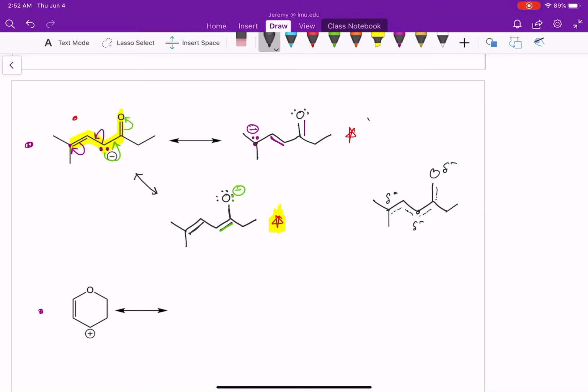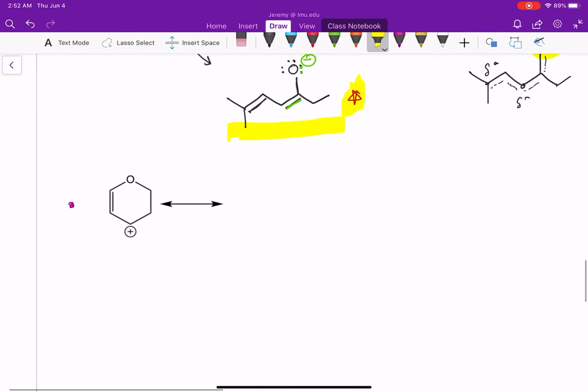So which atom is going to tend to have the most minus charge? The O will have the most electron density, the largest partial negative, because the O is more electronegative than carbon. So this is sort of the major contributor, all right?